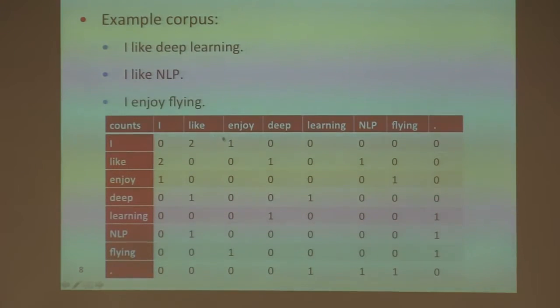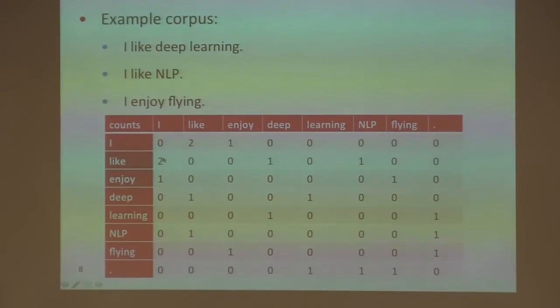And then for I we also have enjoy. So like and enjoy are the 2 neighboring words for the word I. And for like, it has in its context windows twice the word I, once the word deep, and once the word NLP. Right, so like here, NLP and I, deep and I, and so on.